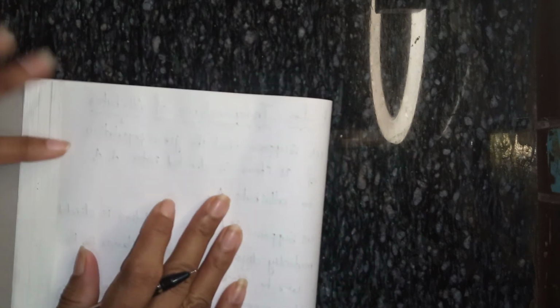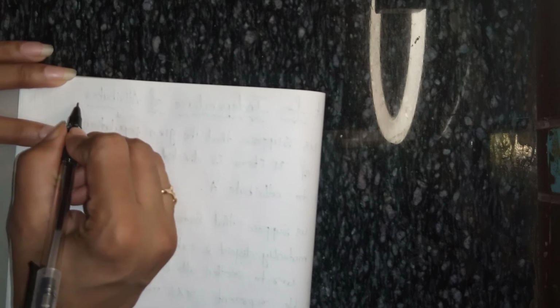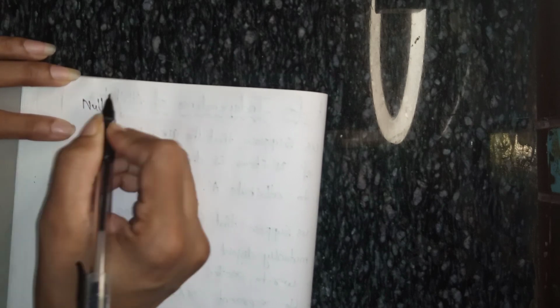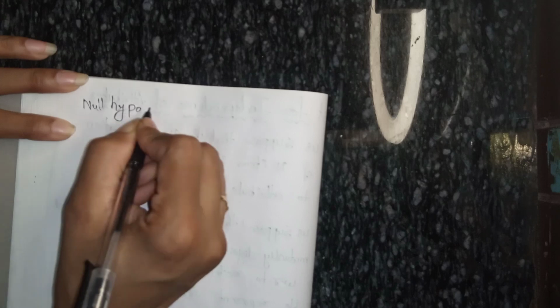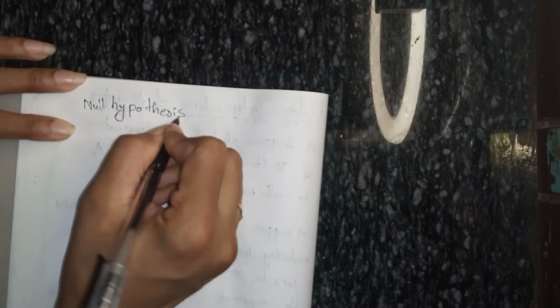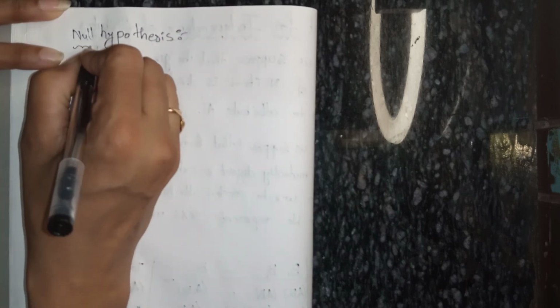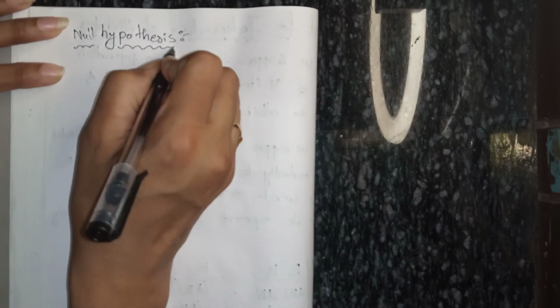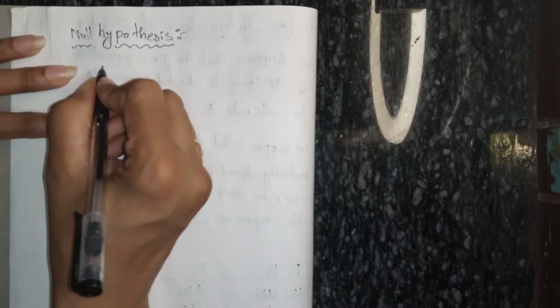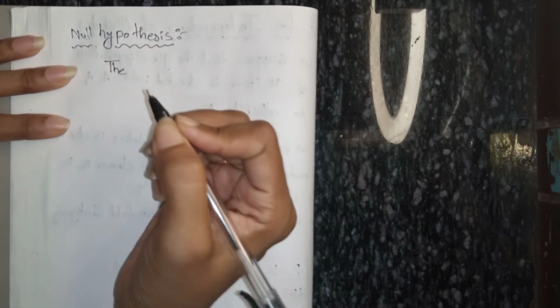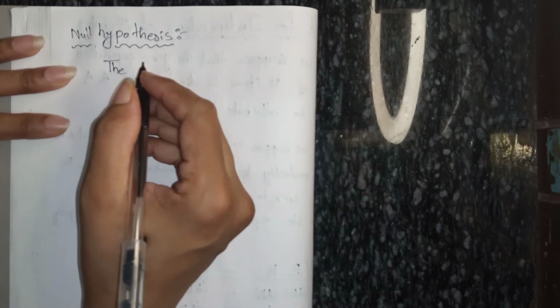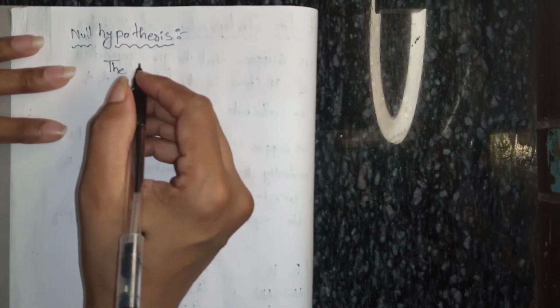Now we'll set up the null hypothesis. If we want to do anything, we have to follow the hypothesis steps. The first one is the null hypothesis. Till now we have written the introduction part. Now the null hypothesis: here we have to consider that the two attributes are independent, that means they don't depend on one another.